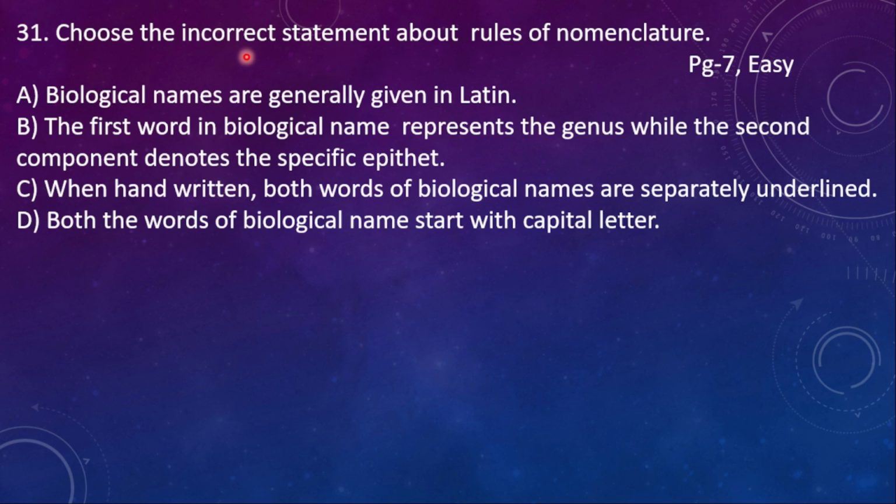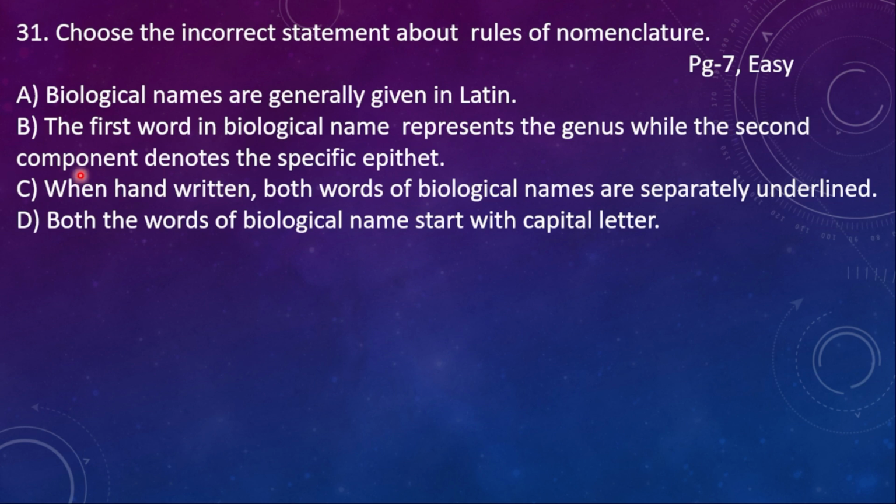31st question. Choose the incorrect statement about rules of nomenclature. Biological names are generally given in Latin. Is it correct? Yes, of course. Biological names are generally given in which language? That is Latin. And the first word in a biological name represents the genus.